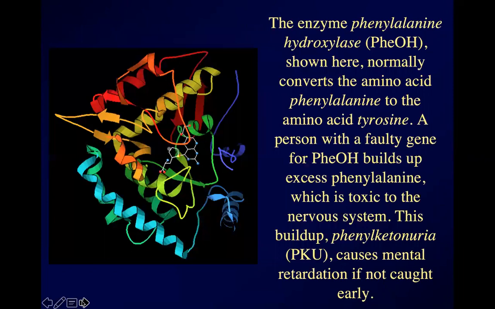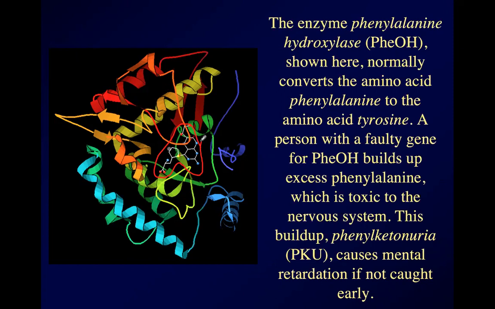This is an enzyme that happens to be called phenylalanine hydroxylase. And right there in the active site is a rather complicated amino acid called phenylalanine. And normally, phenylalanine hydroxylase will take phenylalanine and convert it to the amino acid tyrosine.